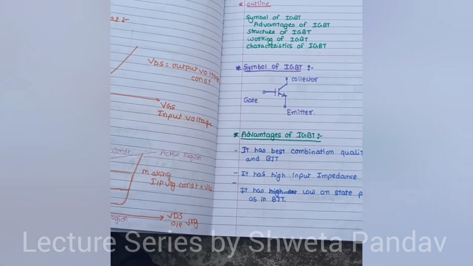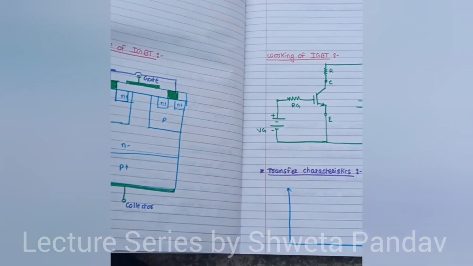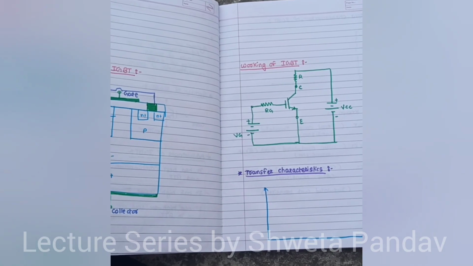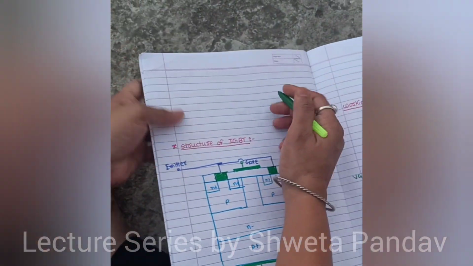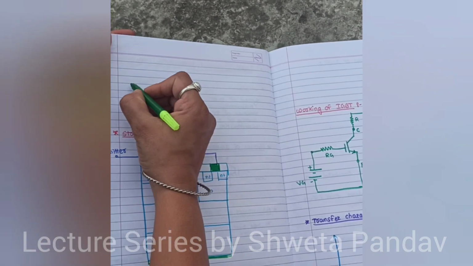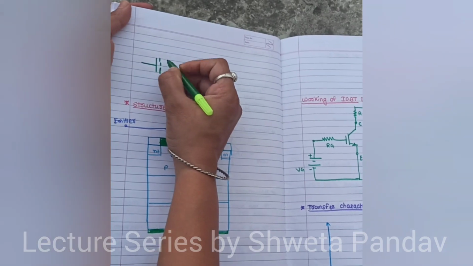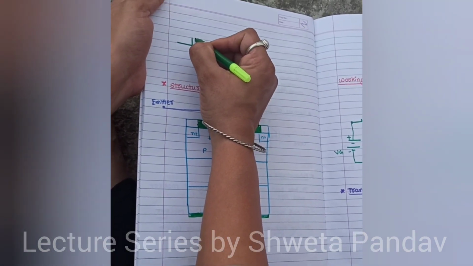Now let us see how the MOSFET and BJT are connected. Let us draw one diagram. We have the MOSFET connected at the input. We are using an N channel MOSFET here, with drain, gate, and source.